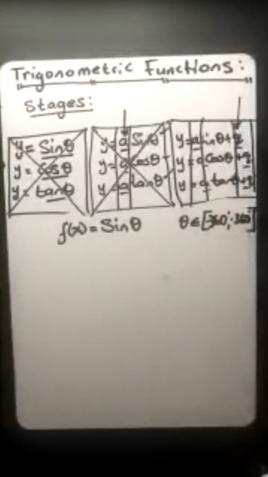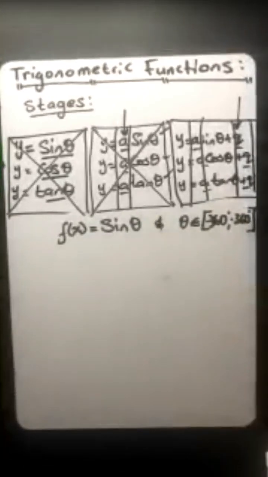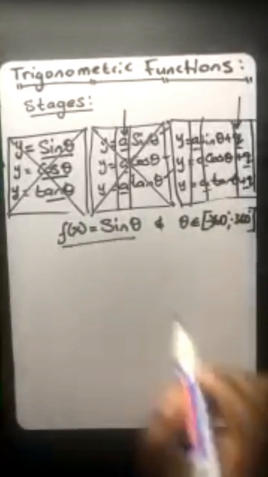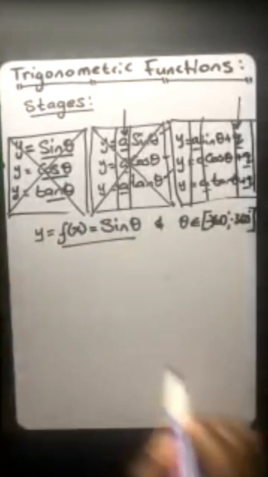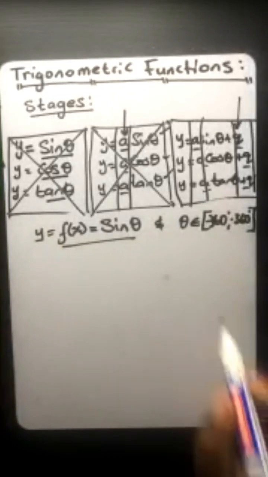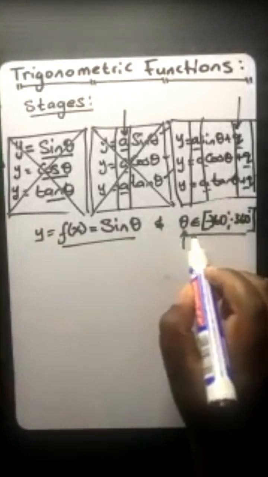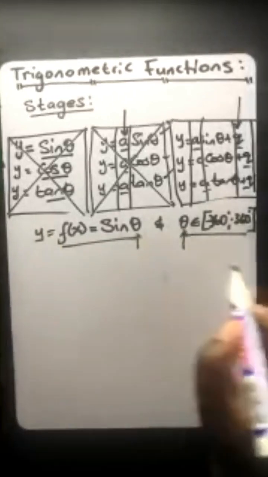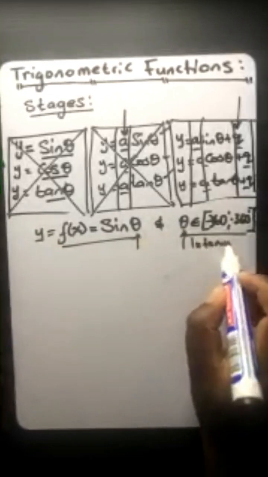So you've got two important pieces of information there, which is the function f. Remember, f of x simply means y. So you have y equals sine x, or f of x equals sine x. And where the angle, can you see? They're saying where that angle is an element of that. So this is what we call an interval.